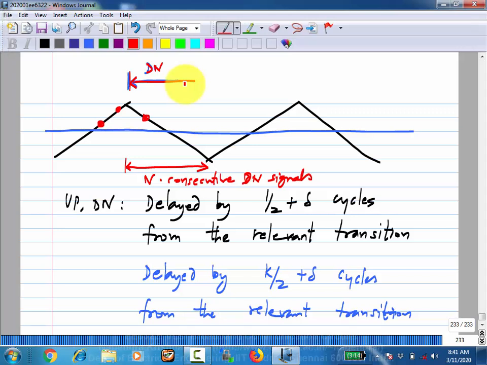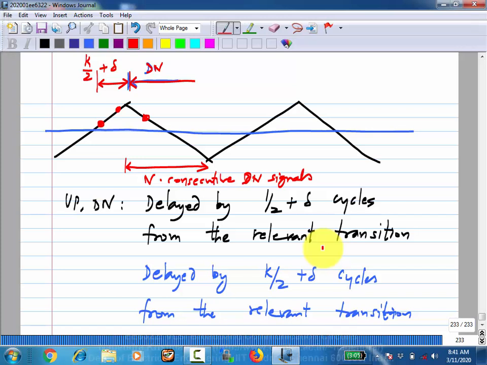Obviously, that's why you should have n consecutive cycles where the clock is too early for you to get n consecutive down signals, okay. And what is the delay we have? This is the earliest case where the clock is too early, and that is what is giving you this first down pulse, right? So where will you measure the delay? How much is this delay? That will be K by 2 plus delta. I am taking a general K, okay, you can substitute it later, okay.